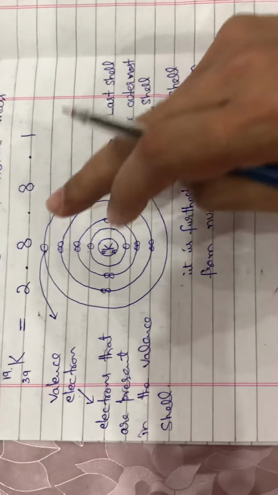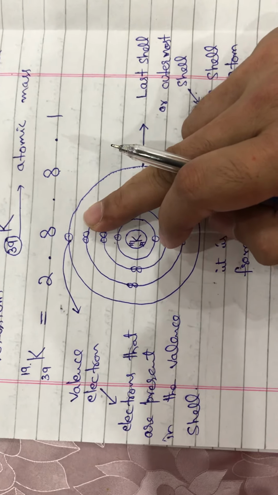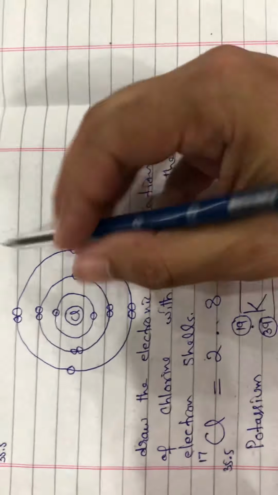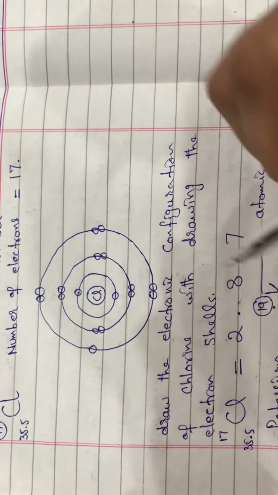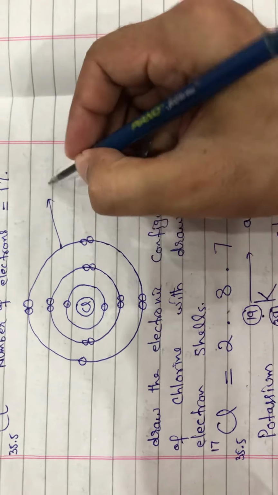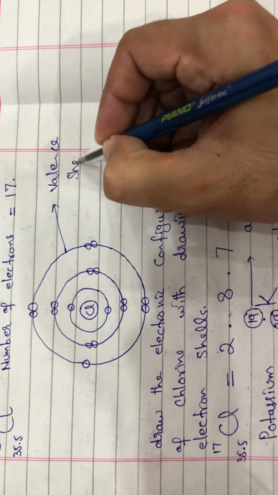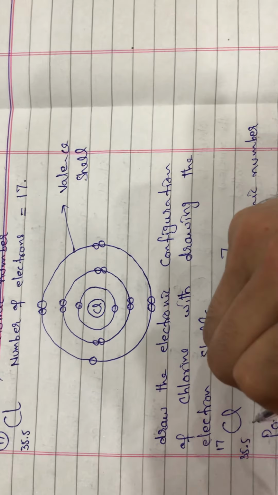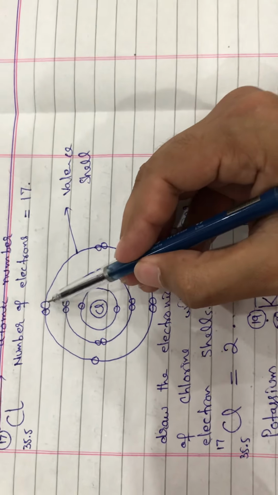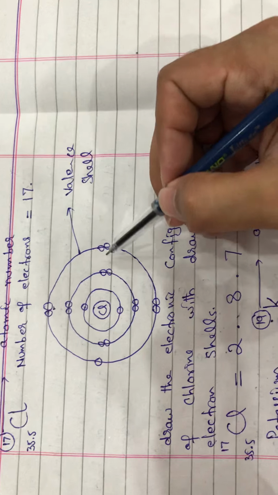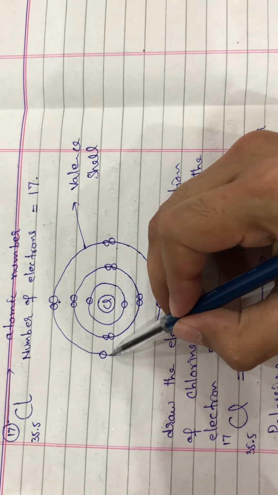So in case of potassium, we have only one valence electron, but in case of chlorine, moving back to chlorine, this is its valence shell, the last shell, the outermost shell. And in its valence shell, how many electrons do we have? 2, 4, 6 and 7.